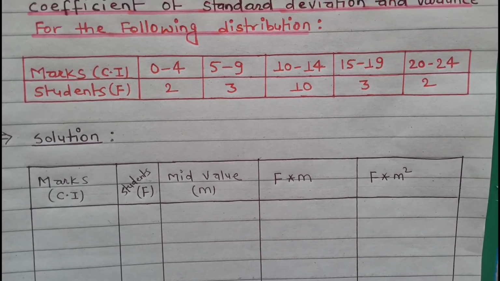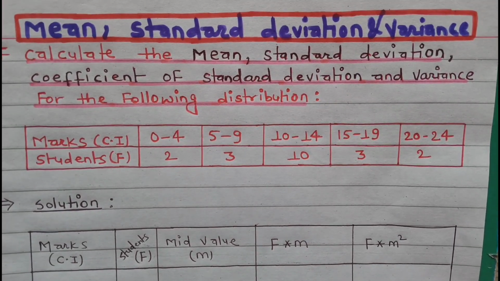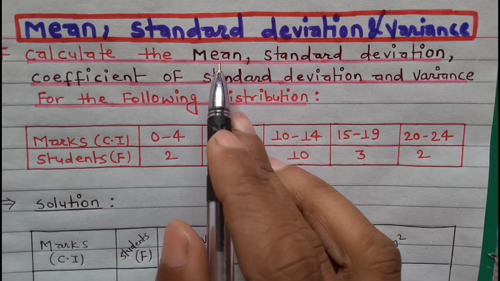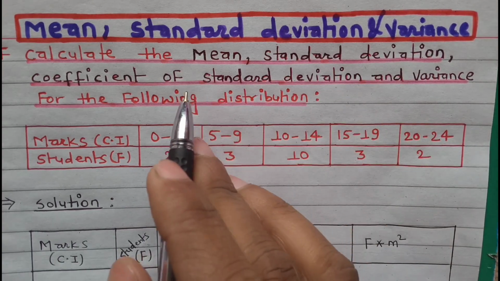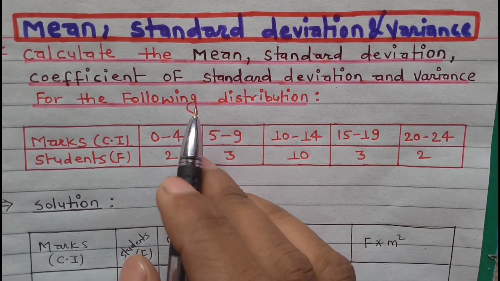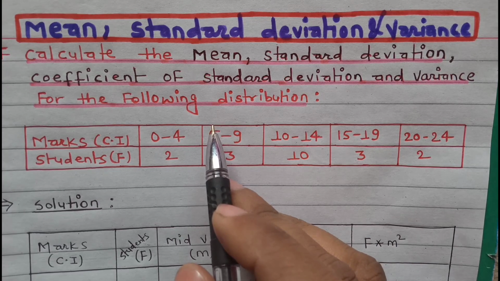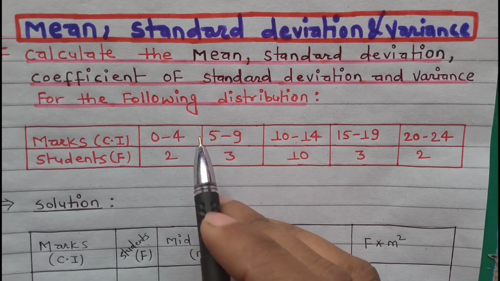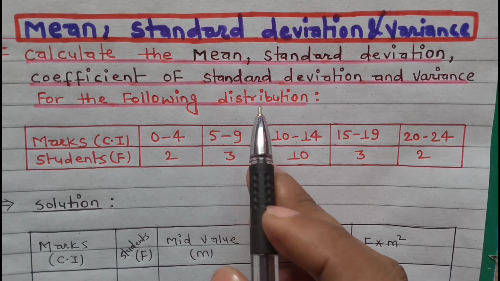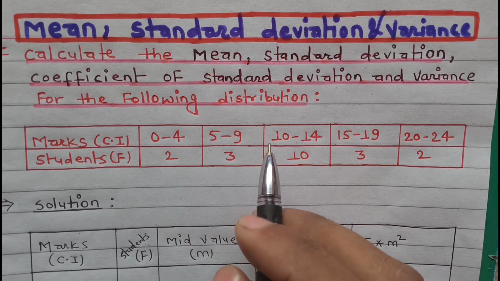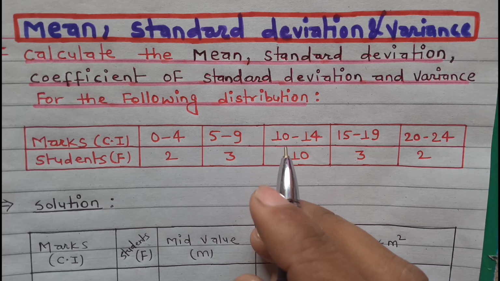I'm going to solve this question by the direct method because there is no indication to solve standard deviation and variance by the shortcut method, step deviation method, or assumed mean method. If there is no such indication in your exam, you have to solve standard deviation and variance by the direct method, because the direct method is a very easy method.